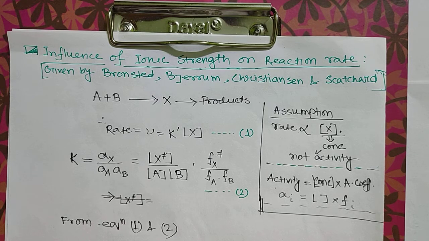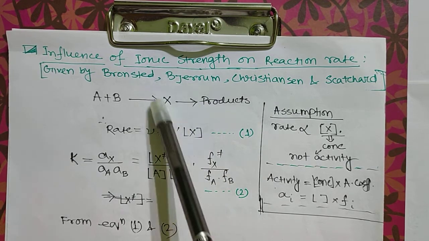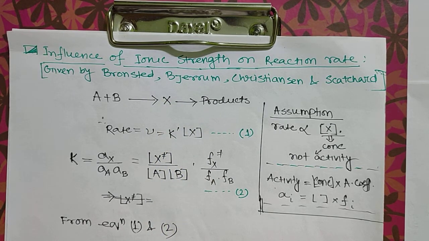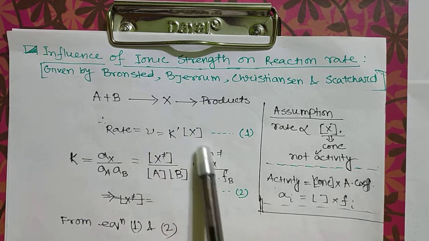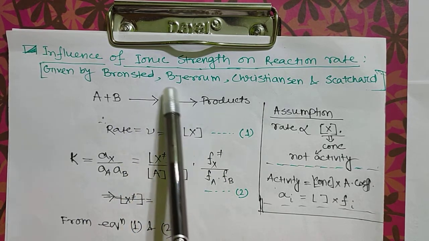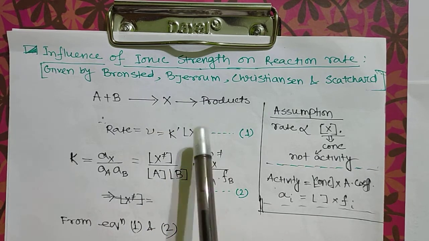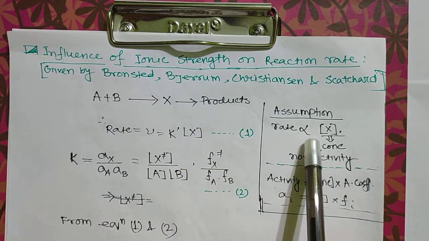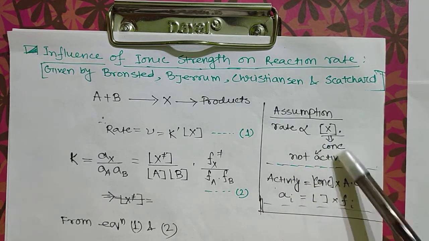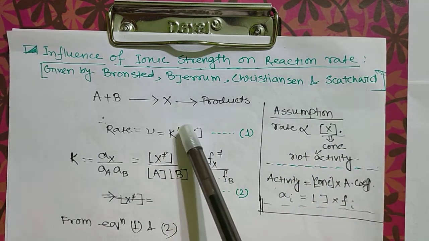In general it may also be a complex molecule. In that case, we can write rate equals rate constant times the concentration of X, assuming the rate is proportional to the concentration of the activated complex X.